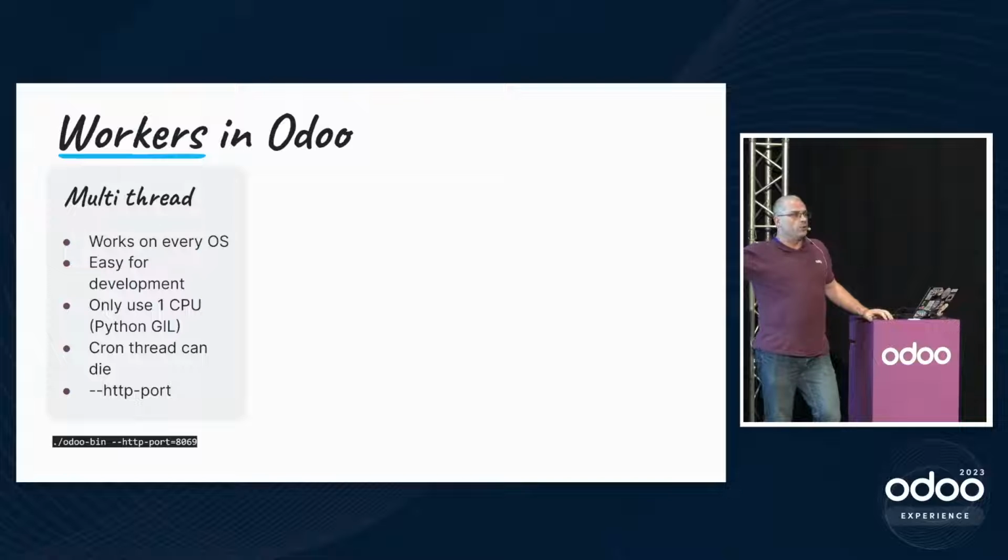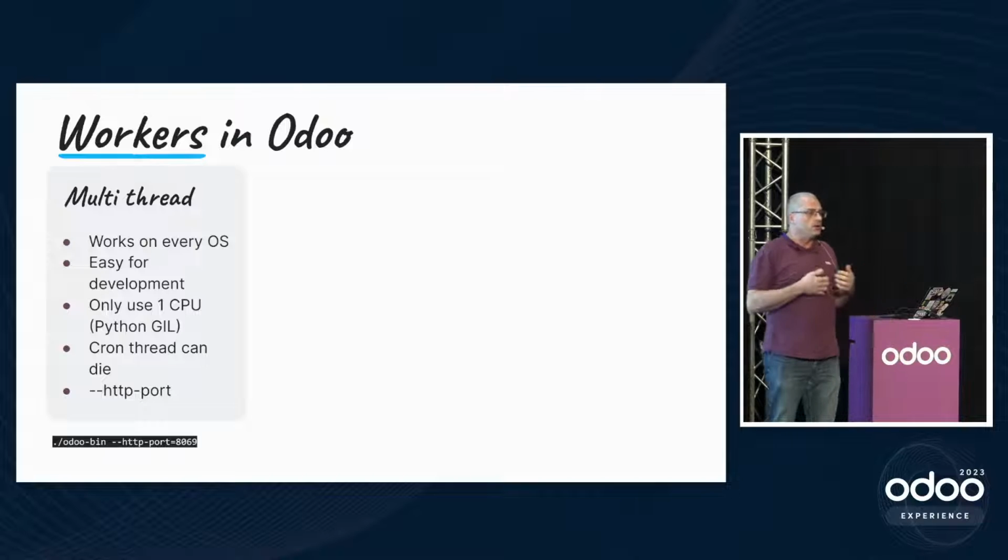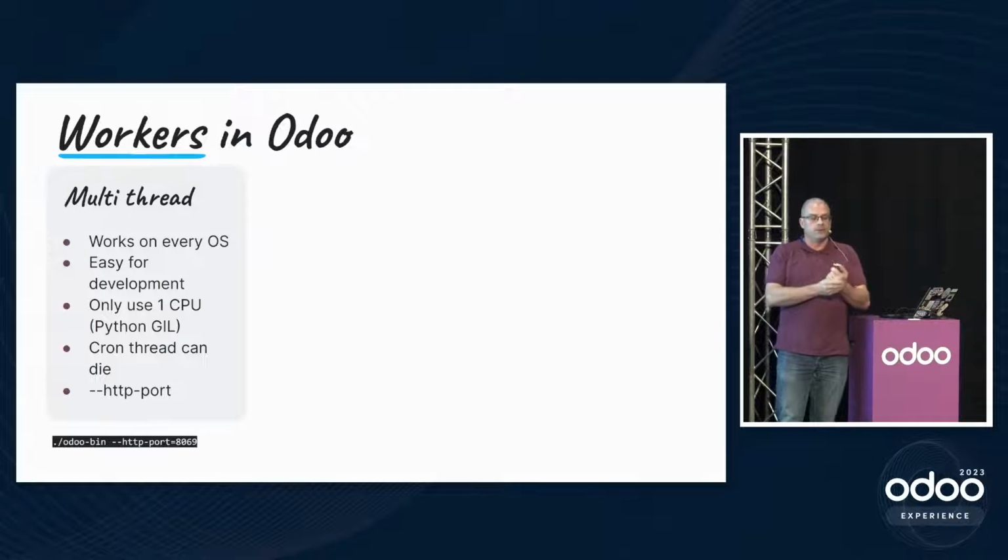When we deploy Odoo, we will talk about workers. What is a worker? If you install Odoo on your machine and you just start Odoo, you will start it in a mode called multi-threaded mode. This will work on every OS. It's the default way of running Odoo. It's very easy for development, but sadly, it only uses one CPU at a time.